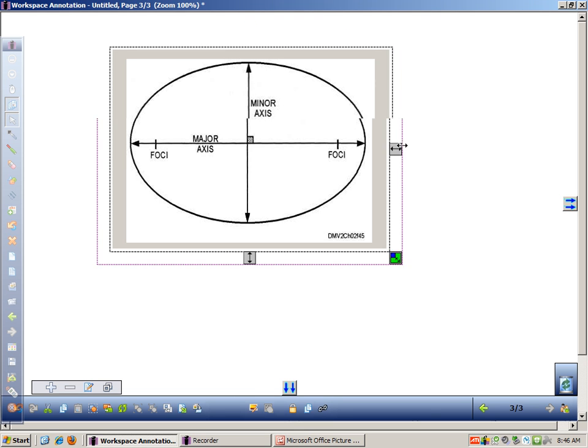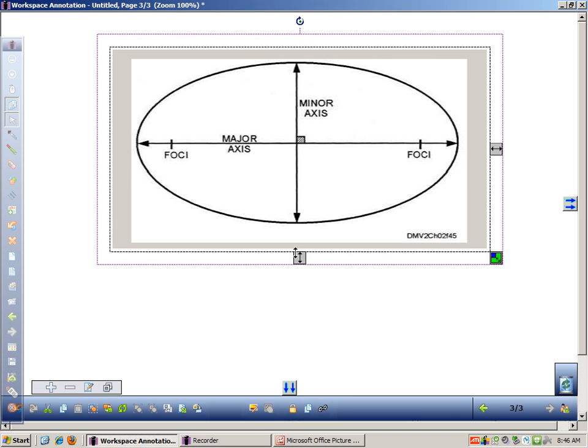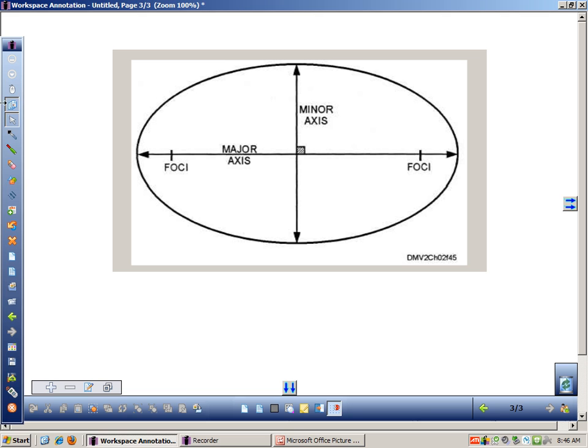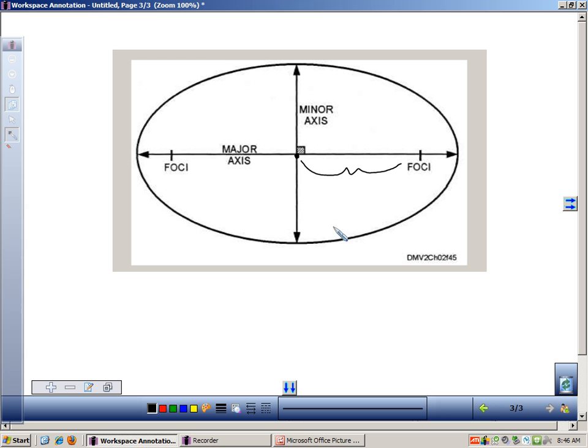I'm just using different pictures so it doesn't get crowded here. The distance from the center to the focus, we call that distance C. The distance from the center to the minor axis we call B. I'll use a small b here.